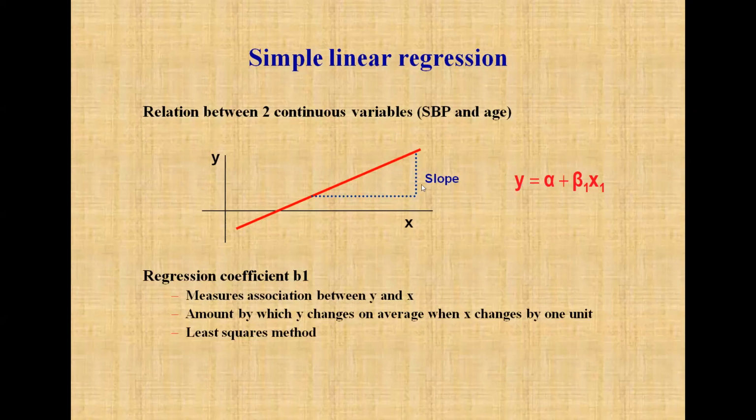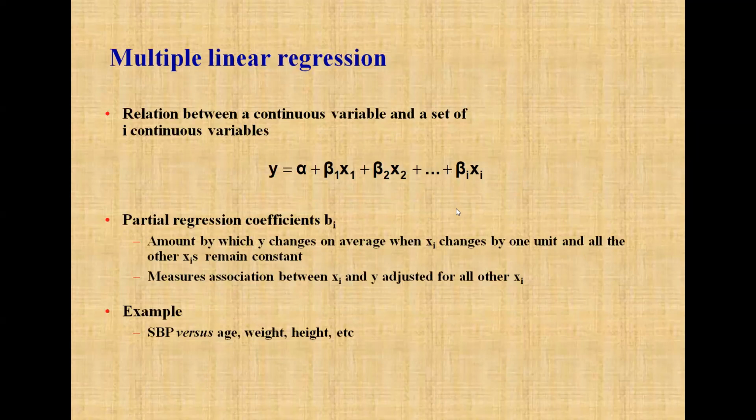This parameter can be estimated with the least square method also. So multiple linear regression means there are more than one independent variable. It describes the relation between a continuous variable and a set of independent variables, with partial regression coefficient beta i.